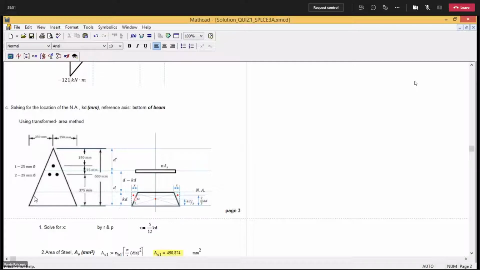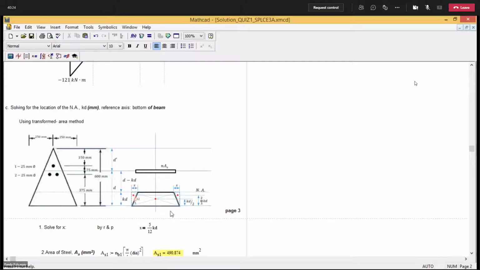Yung slope niya is based from the slope here, which is what? 250, it's actually 600 is to 250, no? Vertical to horizontal, no? So 600 is to 250. Now, we express it to its lowest term. Ayun. 12 is to 5. Yung slope. Okay? So 12 is to 5.